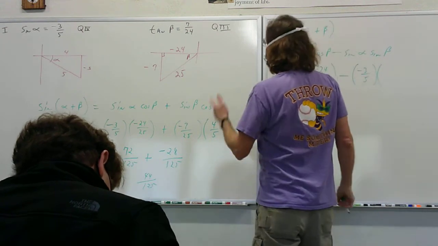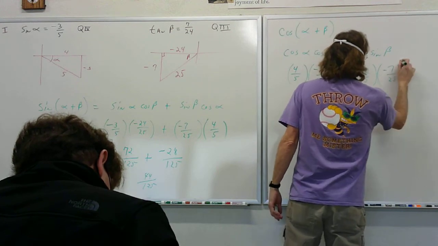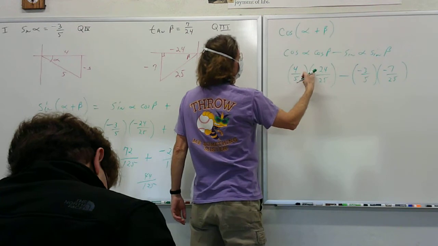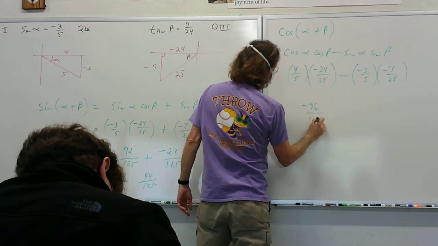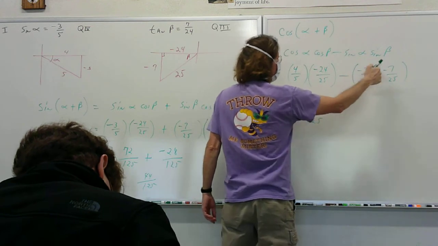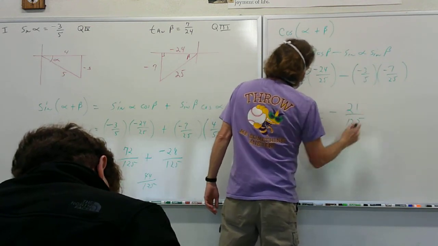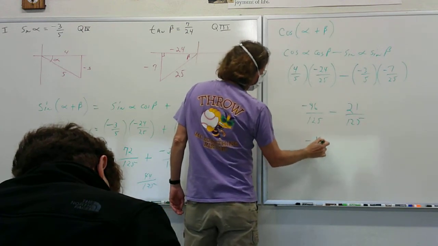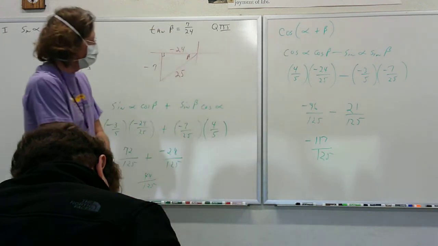Cosine of beta, negative 7 over 25. Now, there's negative 96 over 125 minus, and that negative times that negative is going to make a what? Positive. And so you'll get negative 117 over 125. So you got the both negative.